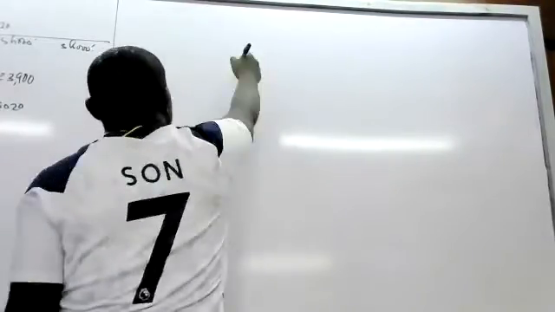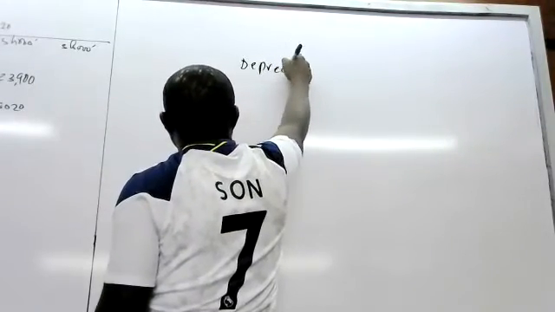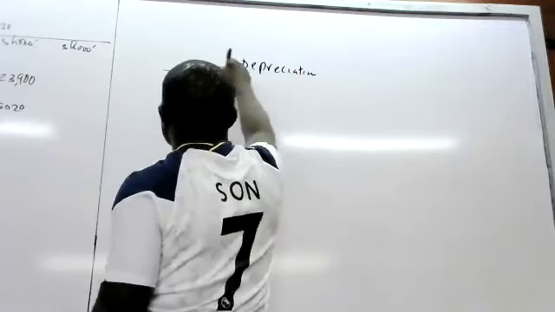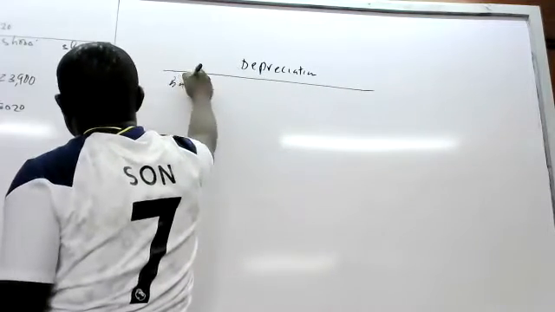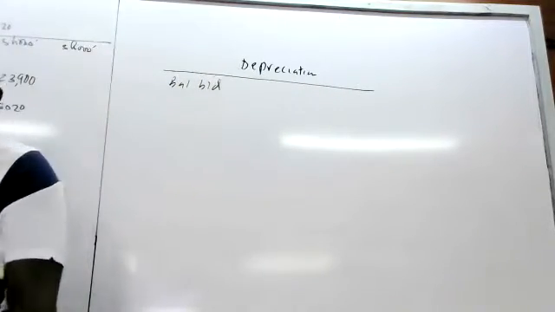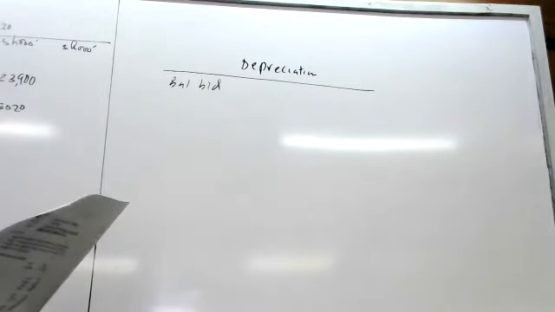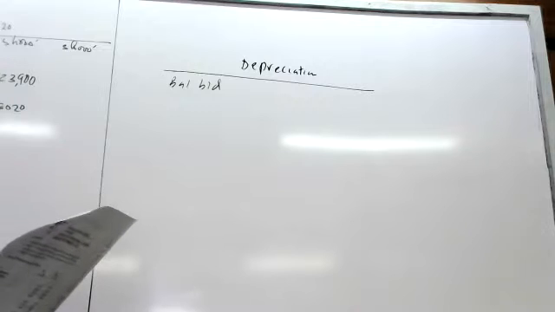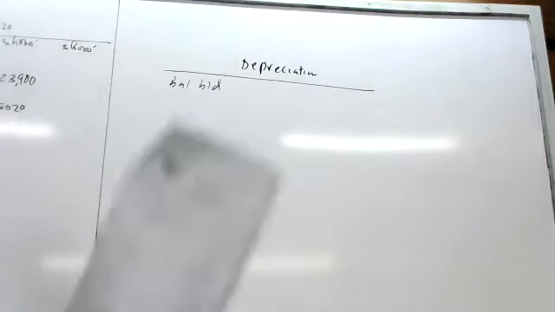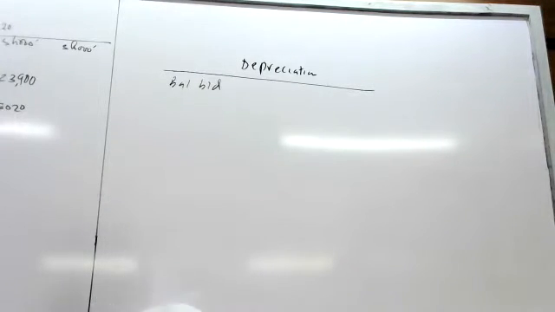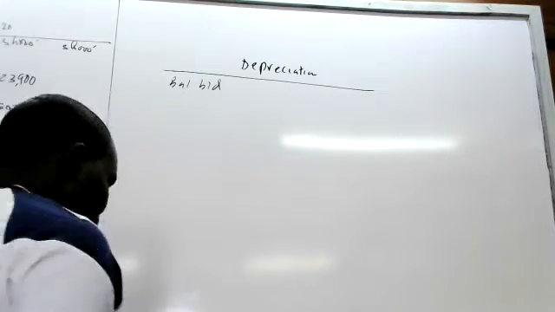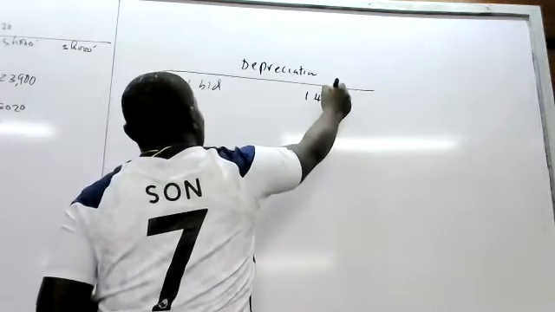To get the depreciation on disposal, you reconcile the depreciation account. So we say depreciation, then balance brought down. How much depreciation was there when we started the year? Balance brought down 2019 was 14,960.